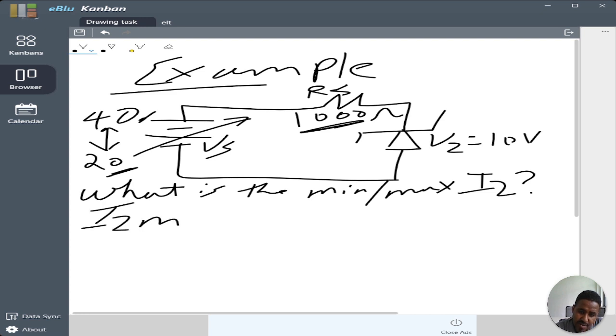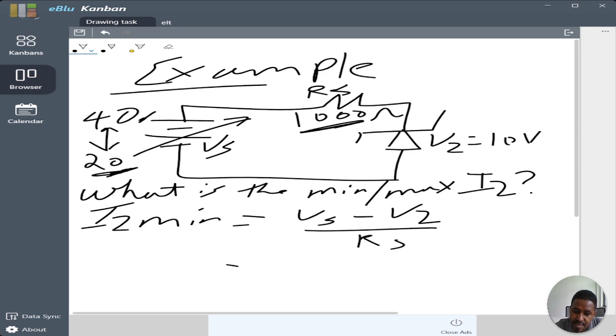Iz minimum becomes Vs minimum minus Vz over Rs. This becomes 20 minus Vz 10 over 1000.